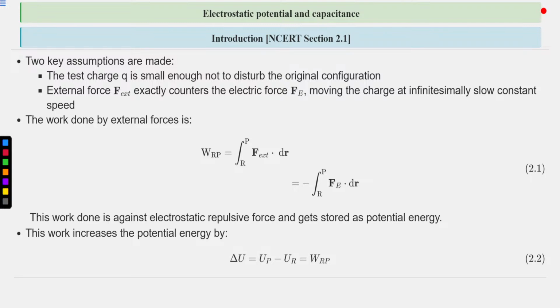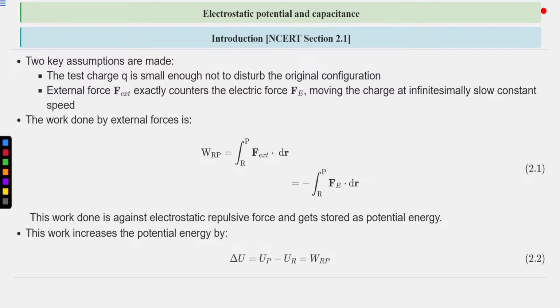So this work increases the potential energy by delta U equal to UP minus UR, meaning potential energy at P minus potential energy at R, which is equal to work done to move the test charge from R to P. So this UP is greater than UR. Why?